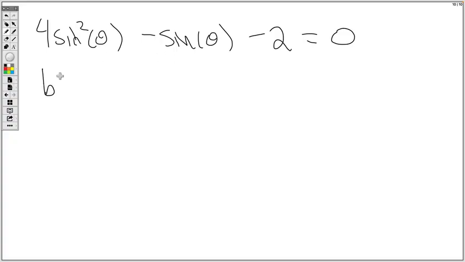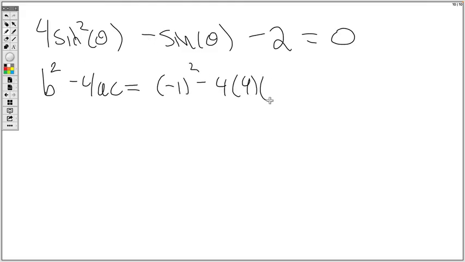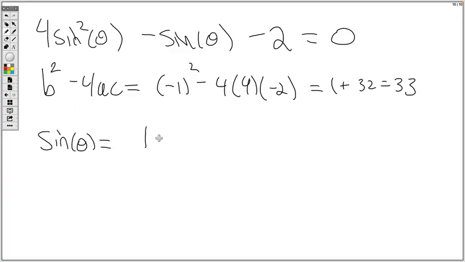Well, we could check. We could check the old discriminant here. What's the discriminant work out to be? I got a 1 plus a 32, right? Which is a what? 33. So that tells us it's not going to factor nice, but it does tell us we'll get two answers. We'll get that the sine of theta is 1 plus or minus the square root of 33 all over 8.